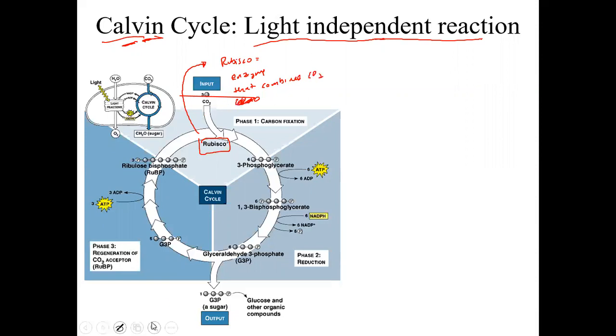If you take in CO2, it comes in using the enzyme Rubisco and combines with an adjacent molecule called ribulose bisphosphate. That's referred to as phase one, which is carbon fixation.